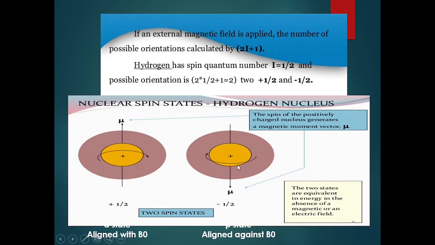In the second one, due to the rotation of the positively charged nucleus, which also creates a magnetic moment, this magnetic moment is opposed to the applied field, designated as minus half, and this represents a higher energy state.